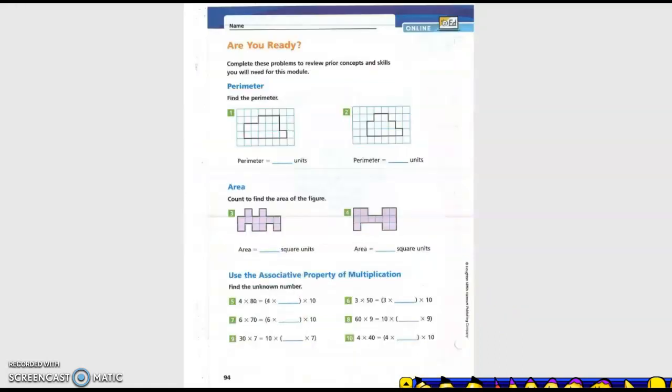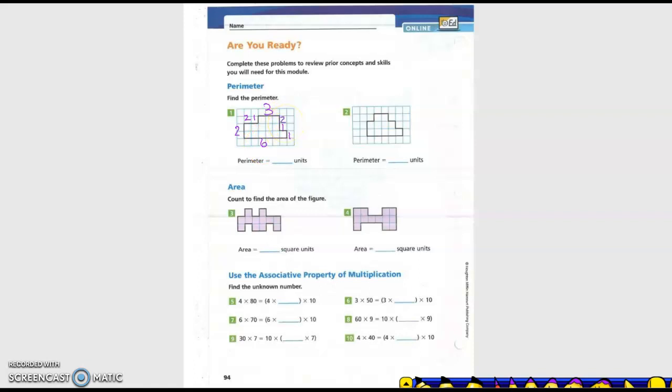Are you ready? Complete these problems to review prior concepts and skills you will need for this module. So perimeter. So to find the perimeter, you add up all the sides, right? So right here, there are 3, right? Right here, there's 1. Right here, there's 2. How many here? 2. 1, 2, 3, 4, 5, 6 here, right? 1 here, 1 here, and 2 there, right?